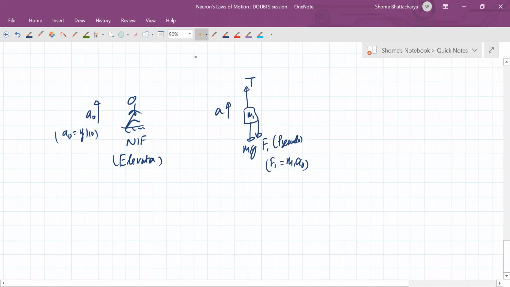Then on the other hand, M2 in the same frame will have similar forces acting on it, but M2 is accelerating downwards. So what will the equation be for this?